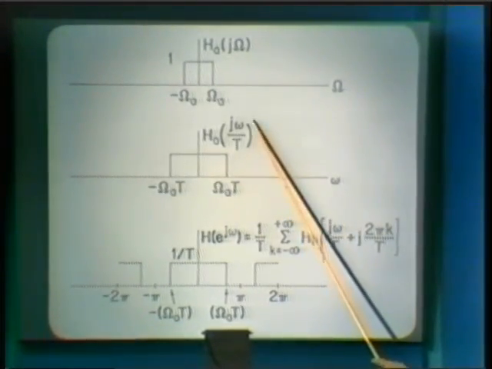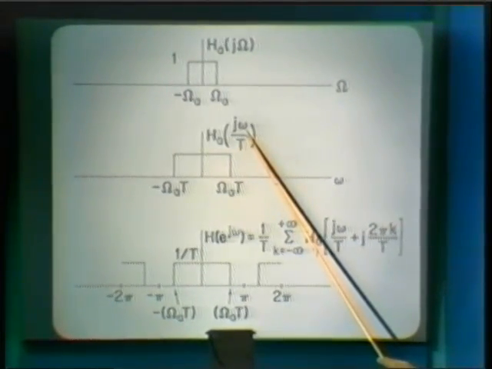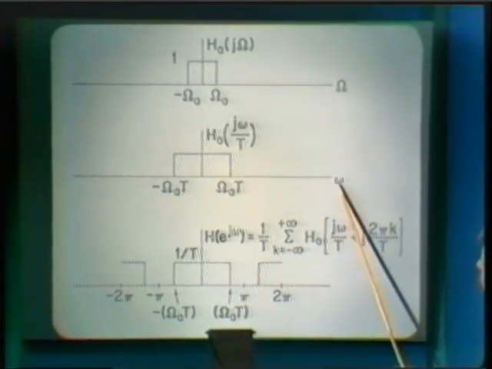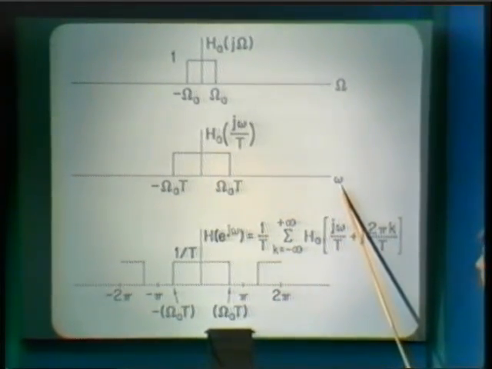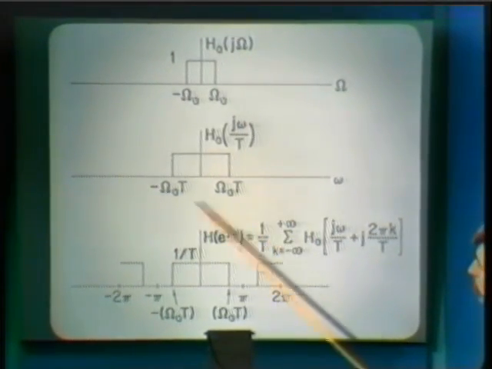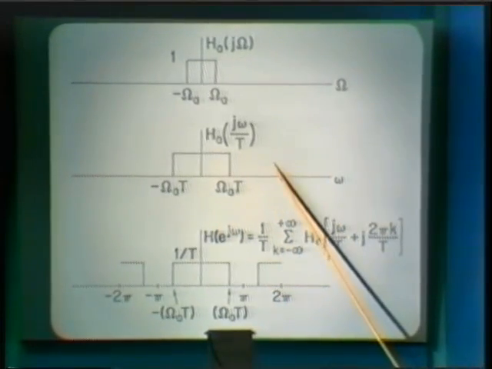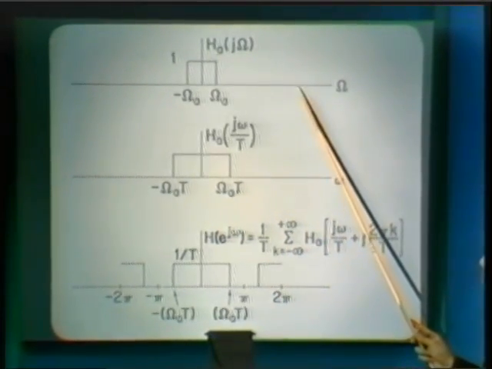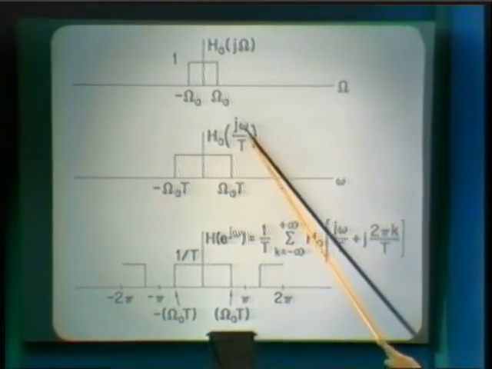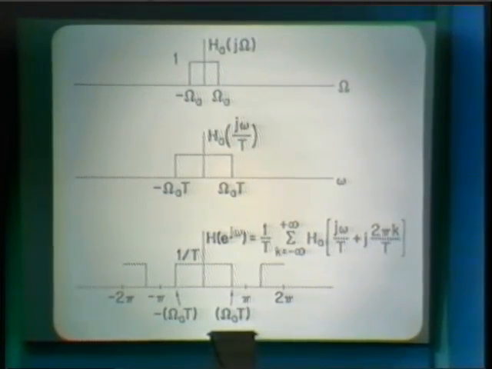So the first step is the scaling, basically replacing capital omega by little omega divided by capital T, in which case, plotted as a function of little omega, the cutoff frequency is then omega sub a capital T and minus omega sub a capital T, so that this step results in a linear scaling of the frequency axis so that capital omega is replaced by little omega divided by capital T.